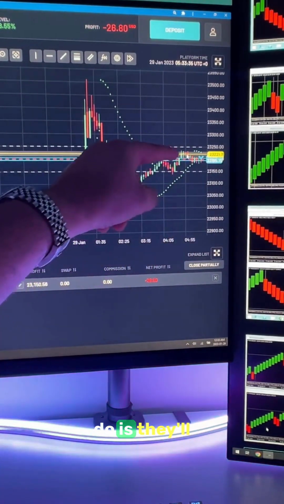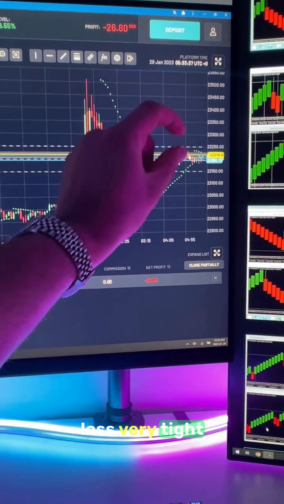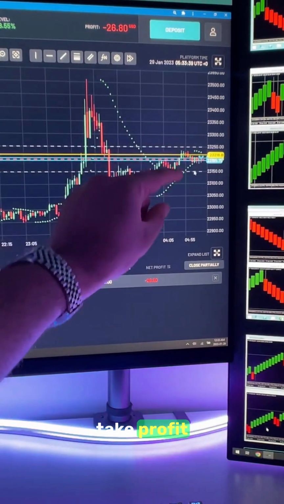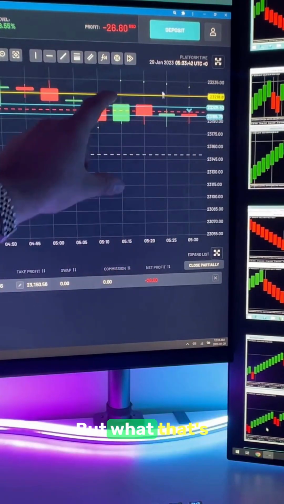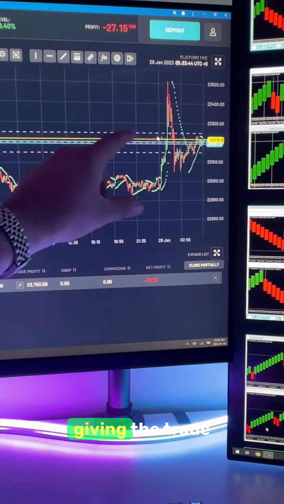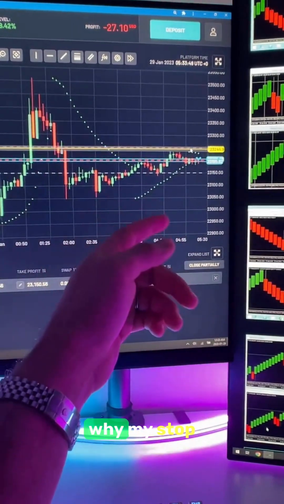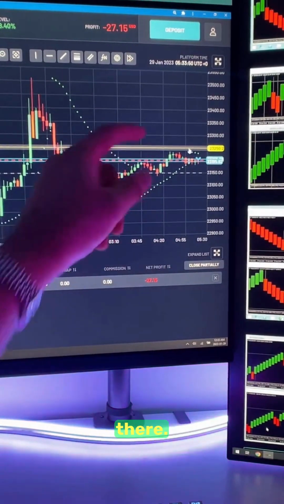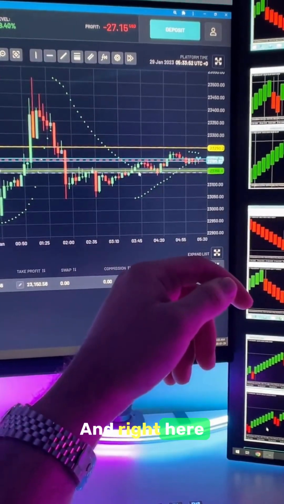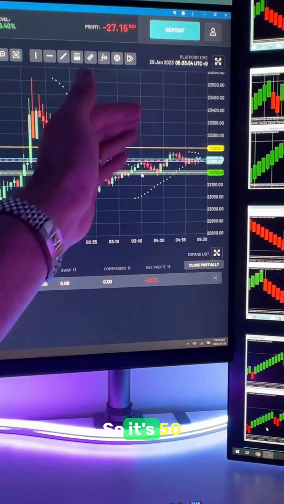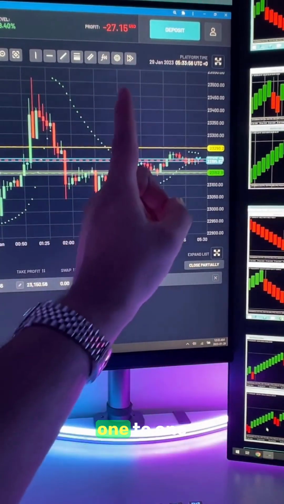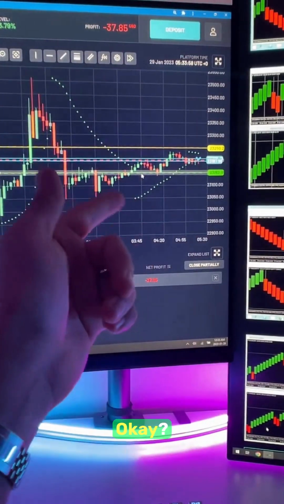What a lot of traders will do is they'll set their stop loss very, very tight and keep their take profit really wide. But what that's doing is you're not really giving the trade enough room to be able to move, right? Which is why my stop loss is all the way up there. And right here is my take profit. So it's 50 points above, 50 points below, 1-to-1 ratio always, okay?